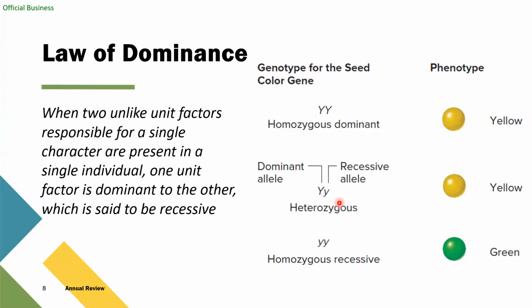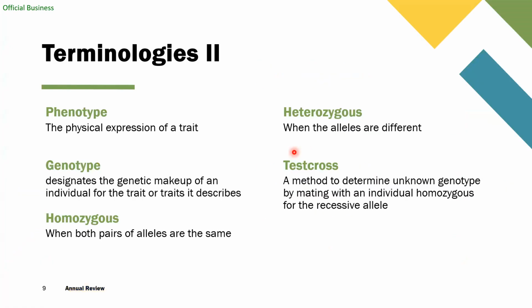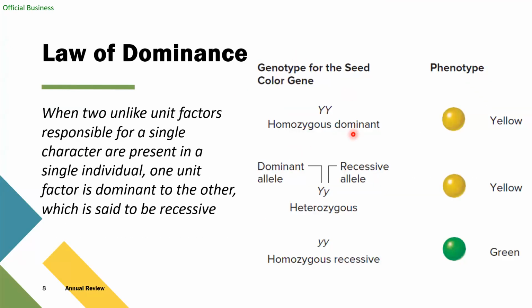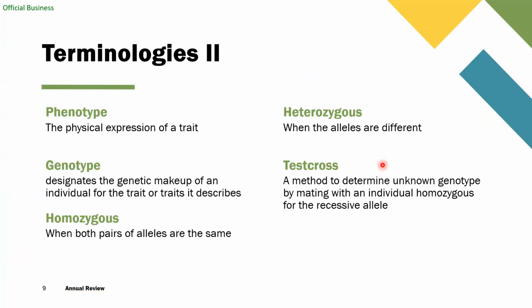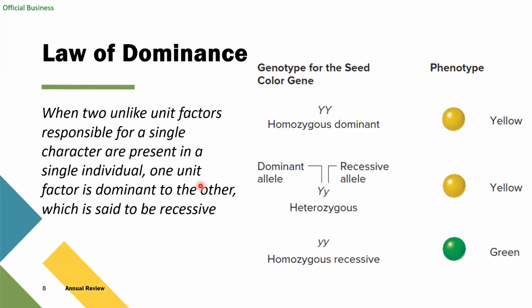Here you have a heterozygous individual, which means an individual that contains two different alleles in his or her genotype, where a genotype is the designation of the genetic makeup of the individual for the trait or traits it describes. So the genotype basically gives us the idea of all of our alleles.